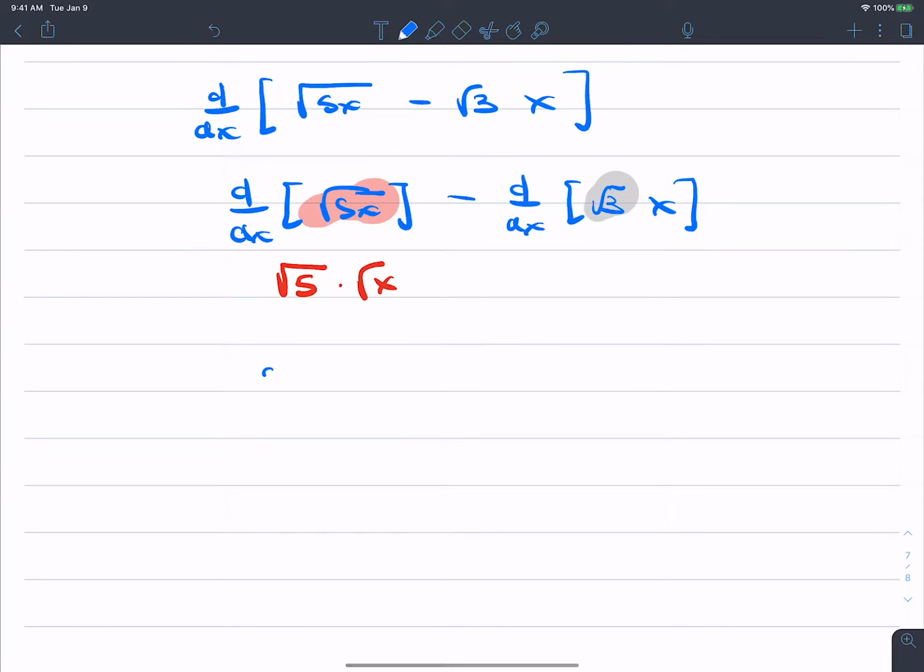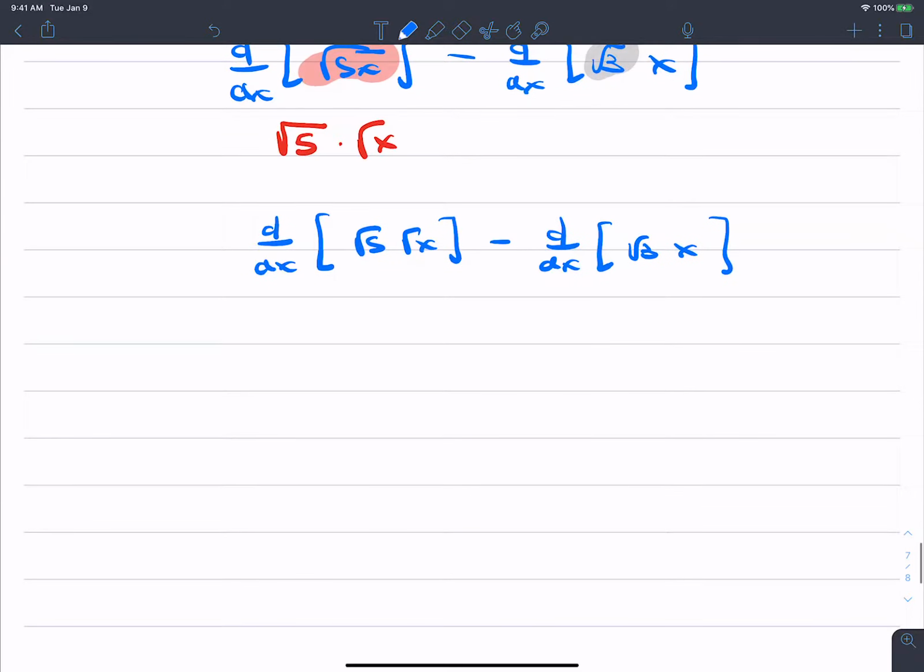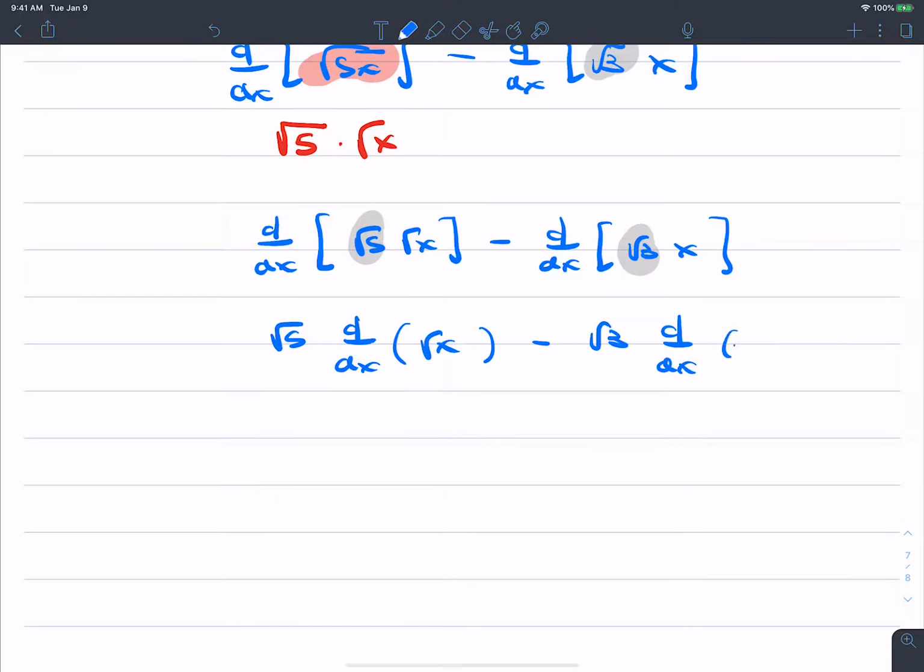So you can say, I have d dx of the square root of 5 times square root of x, minus d dx of the square root of 3x. We can pull out our constants, and when we do, square root of 5 d dx of square root of x, minus the square root of 3 d dx of x.